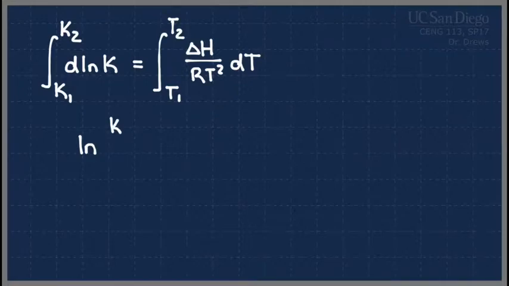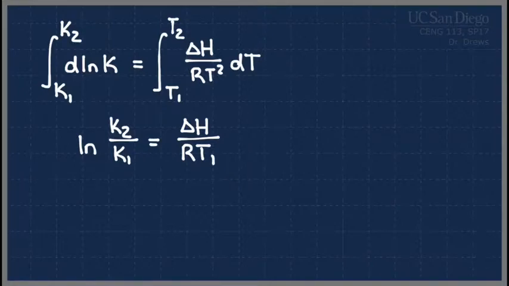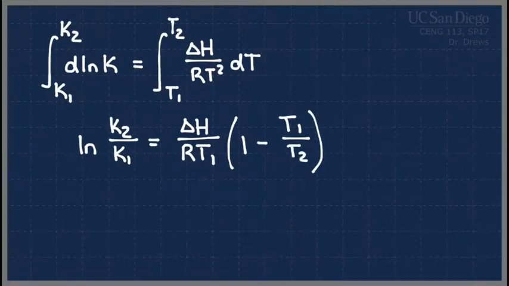What I end up with is the natural log of K2 over K1 is equal to delta H over RT1 times 1 minus T1 over T2. This looks very similar, or it should look very similar. This is like saying essentially K is equal to K0, K1.